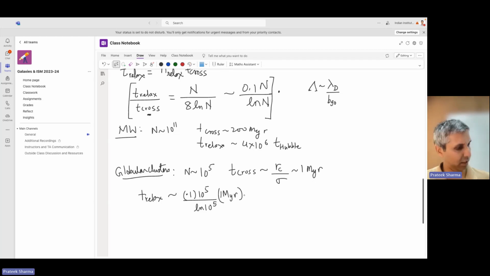So that comes out to be about a giga year. Right, so this is actually less than the Hubble time. So what it means is that globular systems are old enough for the two-body relaxation processes, these collisions, to occur. So this is what is called collisional.